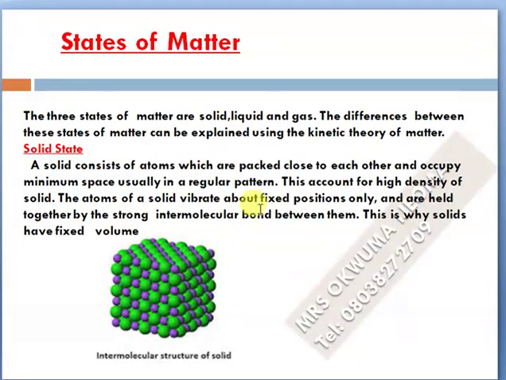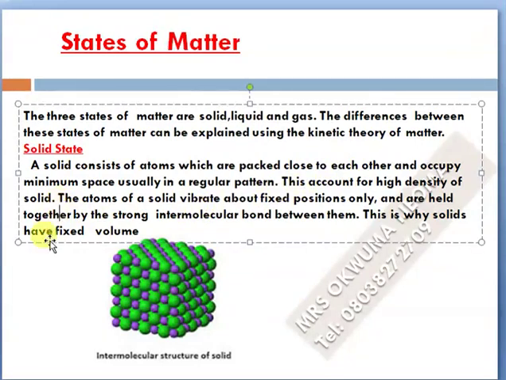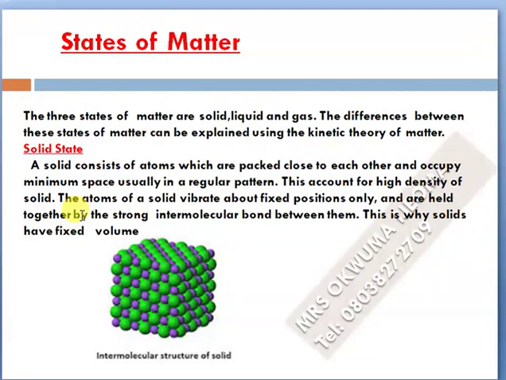This accounts for the high density of solid. So number four, solids have high density. Number five, the atoms of solid vibrate about fixed positions only.